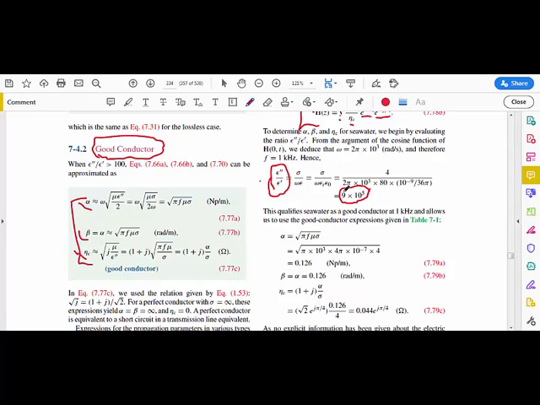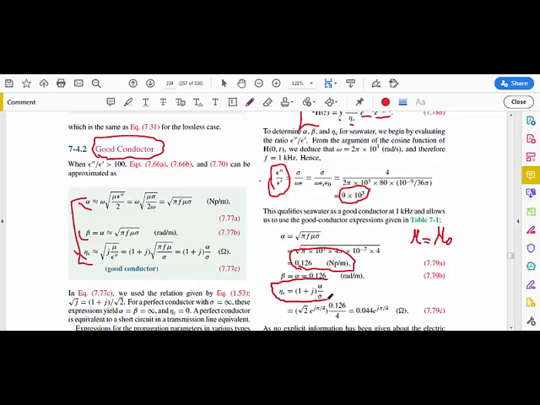The permeability is equal to mu naught. So alpha is equal to 0.126 per meter, and because in a good conductor alpha is equal to beta, beta is equal to 0.126 rad per meter.